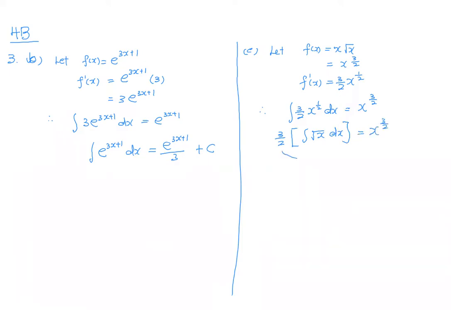If you bring this over, it will become 2 over 3. So it's to the power of 3 over 2, you change back to x root x, then you put a plus c. So you get the answer. You get me?